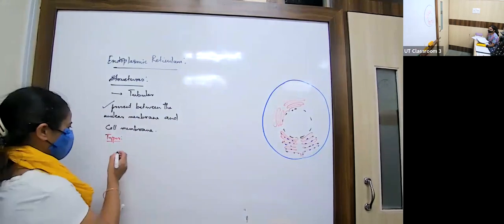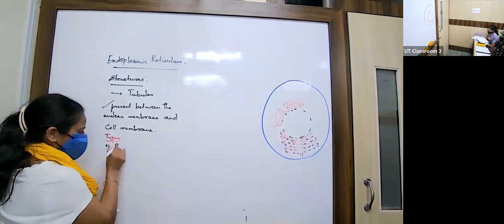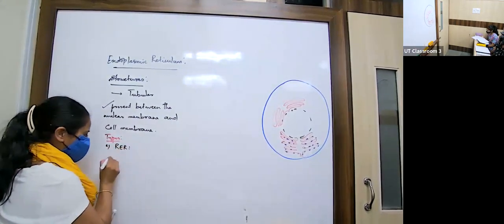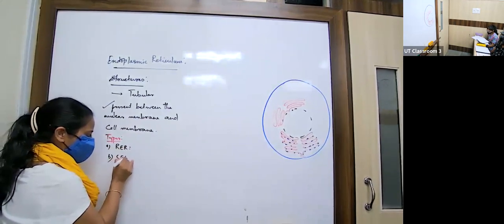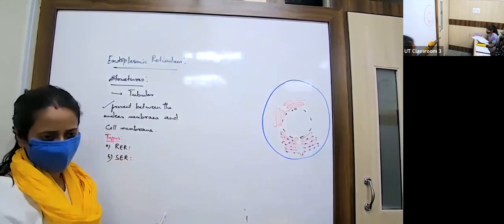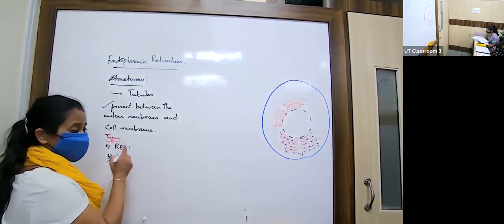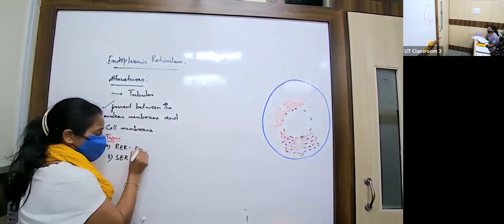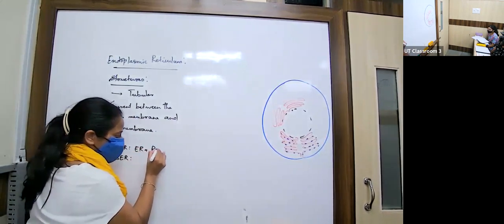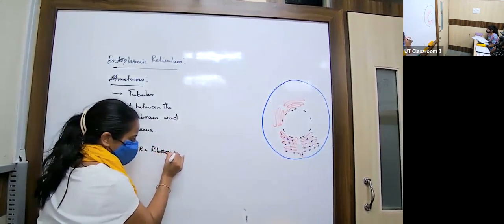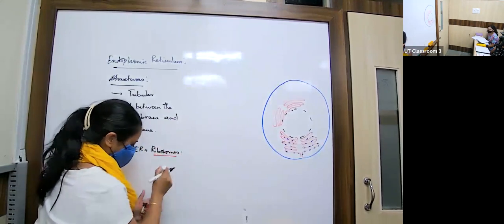So let me talk about the types again. What are the two types? That means we studied. One is RER and another one is SER. Basic difference क्या है? RER, what did I say? Endoplasmic reticulum plus another cell organelle known as ribosomes.